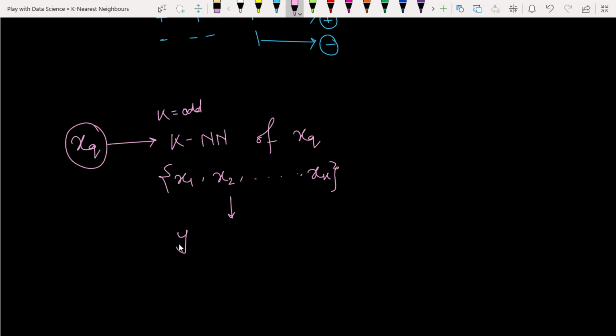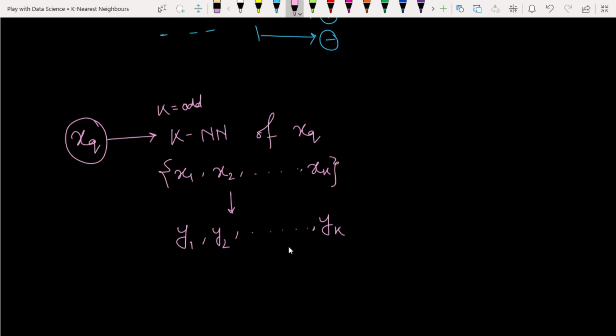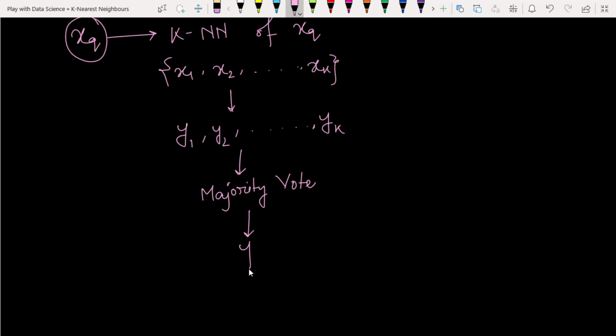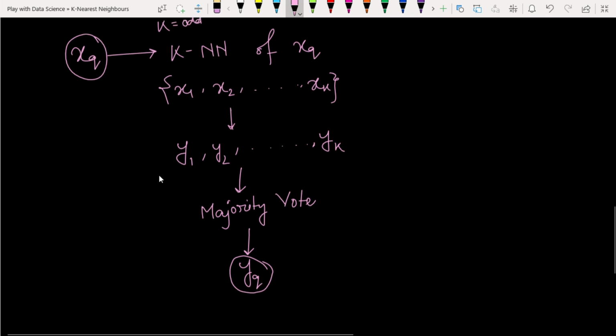Let's take the outputs of the k closest points as y1, y2, up to yk, and among these k points we simply find the majority vote, and according to this majority vote we will decide what our yq will be. This is the job actually.